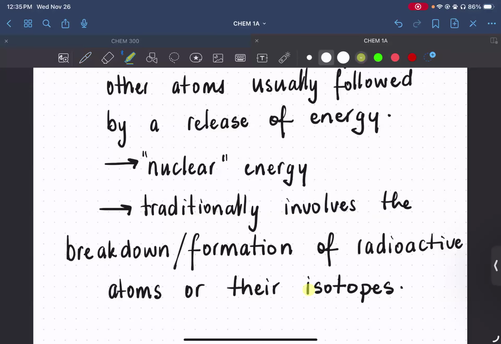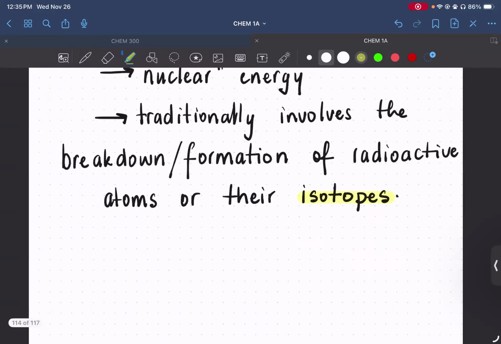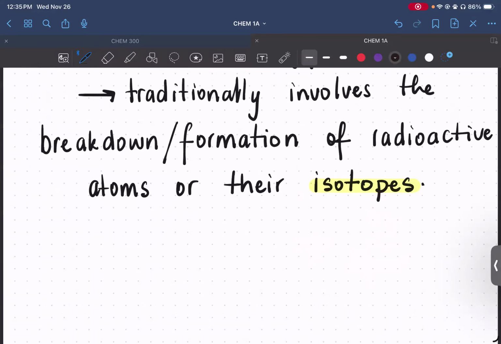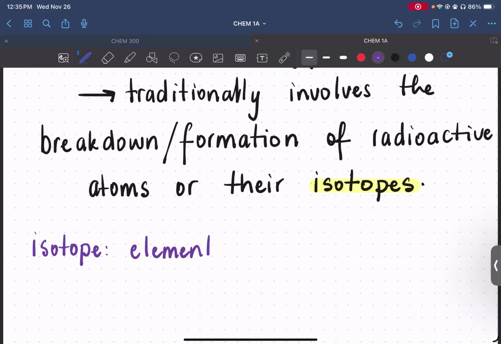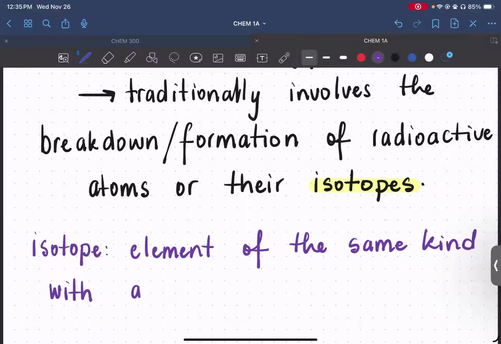Isotopes, there's a word we haven't seen in a long, long time. Reminding ourselves of exactly what an isotope is: an element of the same kind with a different mass.